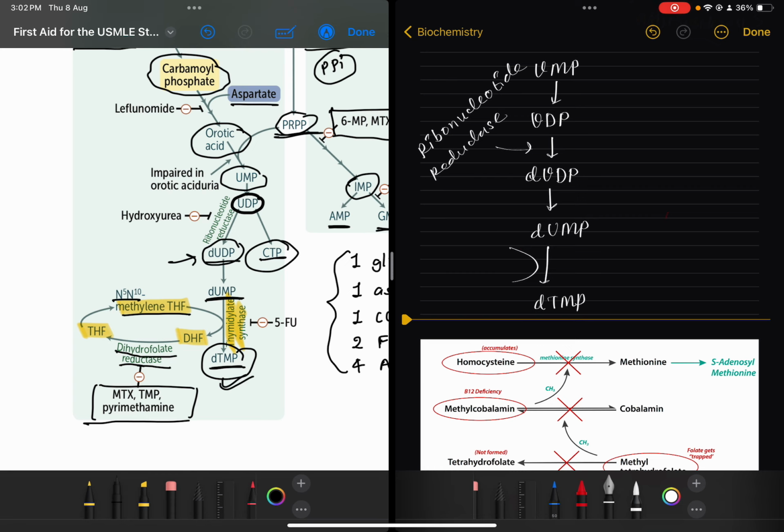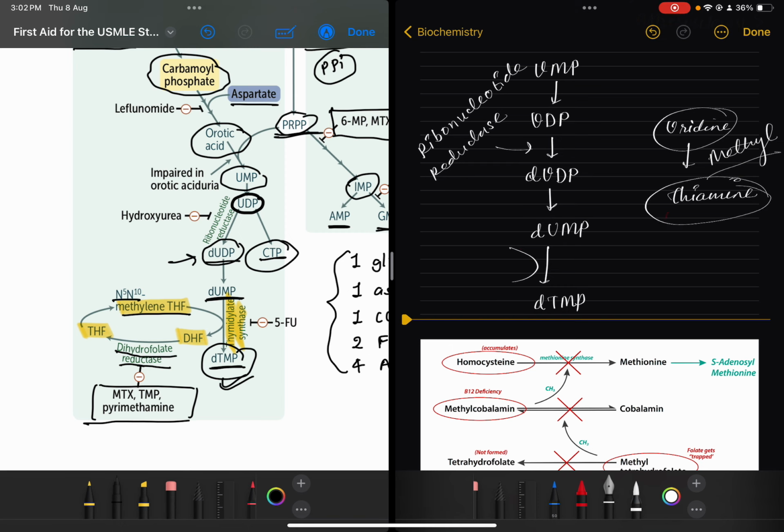We have learned one relationship, if you can remember, that uridine can convert into thymine by just the addition of a methyl group, because we have seen that deamination of cytosine will lead to uracil, but deamination of 5-methylcytosine will lead to thymine.